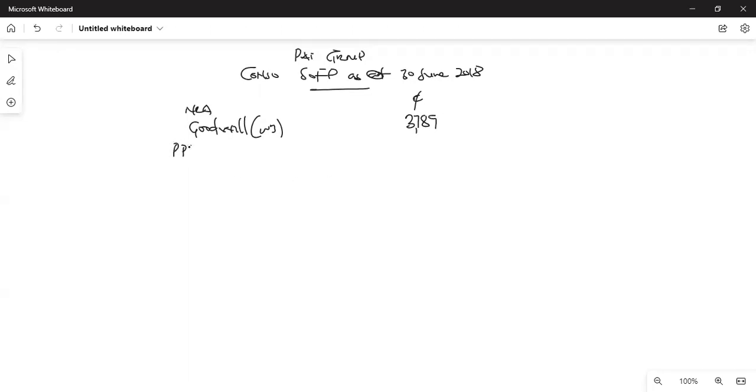Then the PPE, which we had to combine 15,000 plus 9,000 to give us 24,500. And we had the investment. So let's just show it as 5,000 minus the cash, 5,000 gives us nothing.